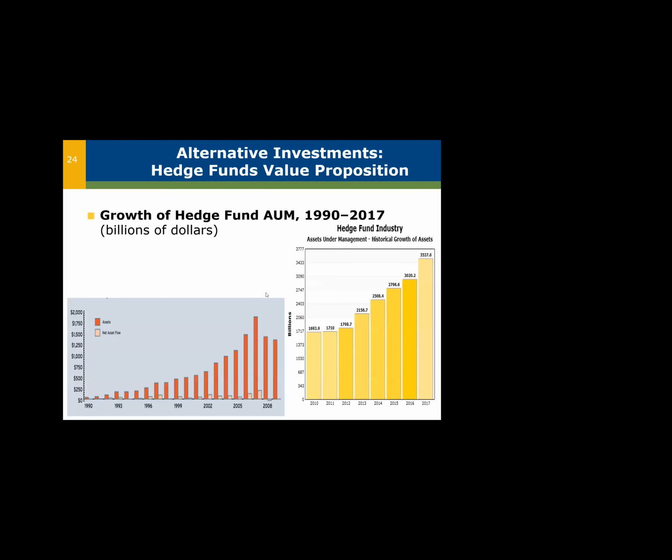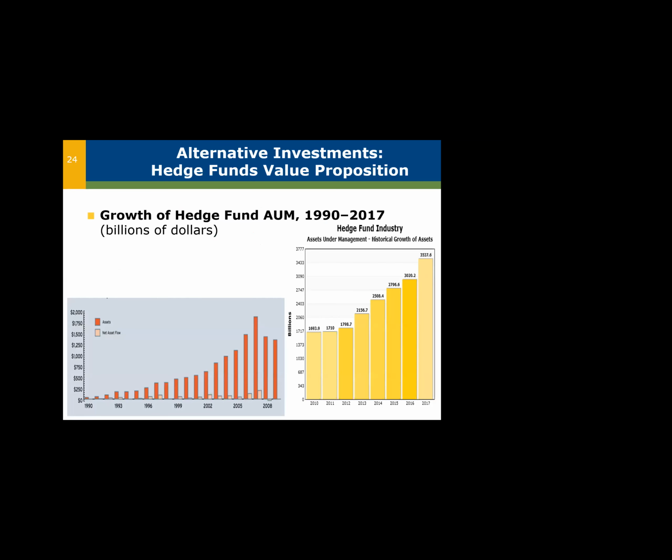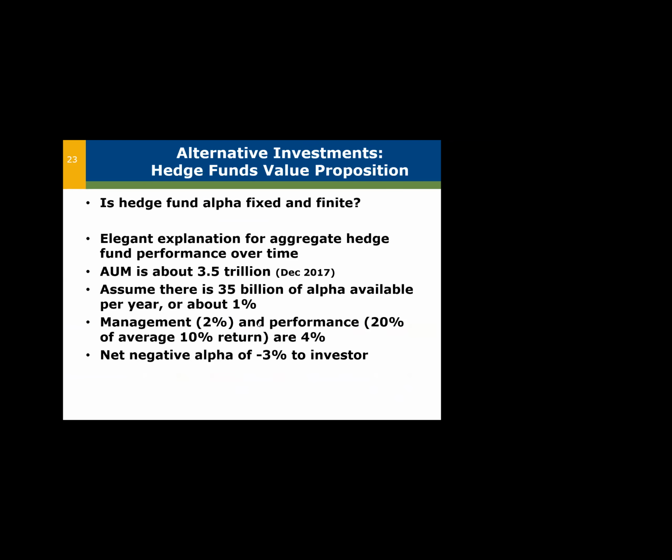So it could be that hedge funds are maybe stabilizing in terms of AUM size. But even having said that, I would make the argument that hedge funds actually have to shrink in size to return to an era where they generate net alpha for the investor. And so that's what I show on this slide here.